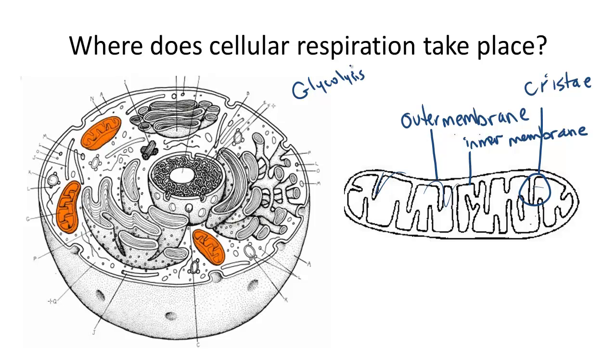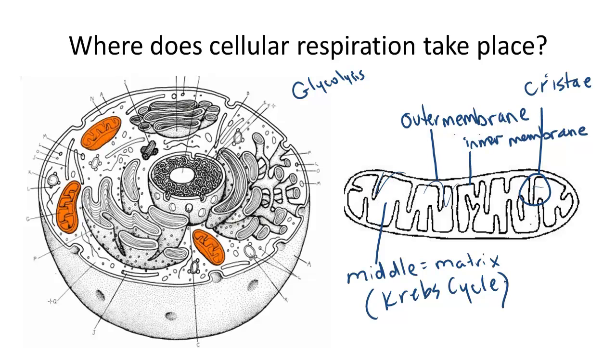Then, these halves of glucose molecules enter the matrix, or the middle of the mitochondrion, which I'll label here. This middle of the mitochondrion, or the matrix, is important because it's the location of the citric acid cycle, or the Krebs cycle. So let's indicate that here, Krebs.